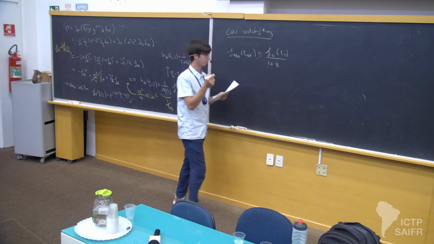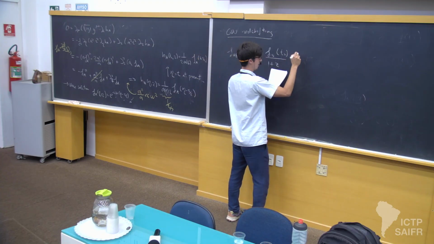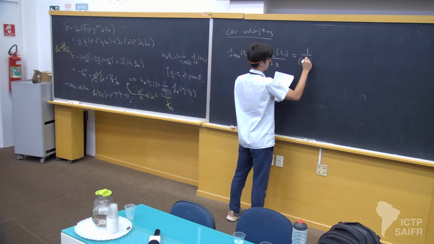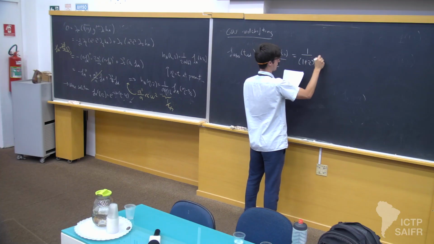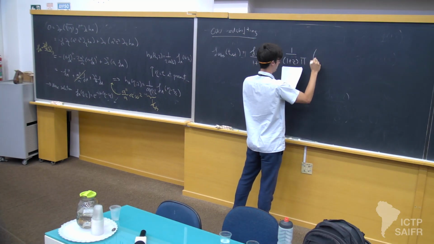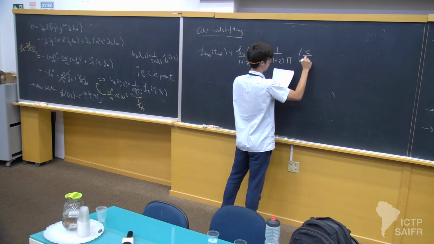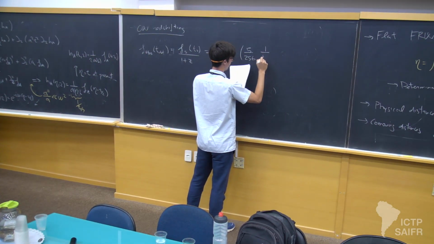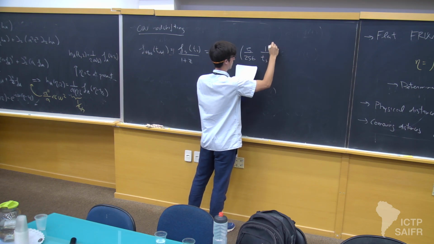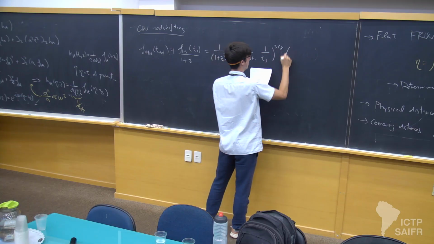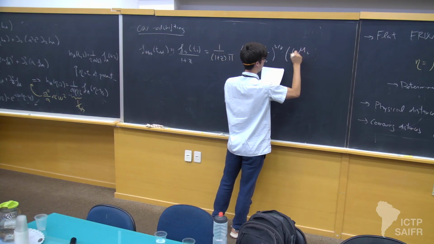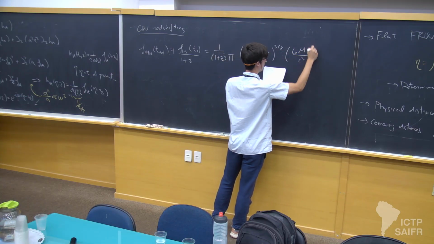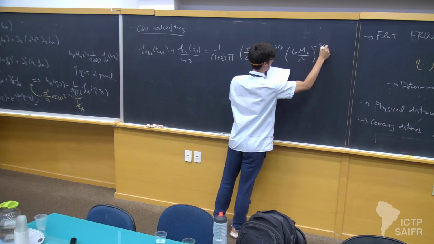So if we take the expression that we had before, we have the 1 plus z, but then we had an expression for the frequency, which was 5 over 256, 1 over t_s, to the 3/8, (G M_c / c^3) to the minus 5/8.